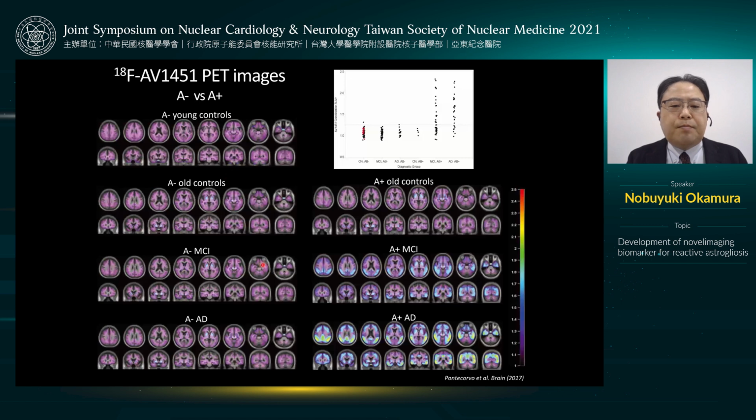Amyloid negative cases exhibit no remarkable tracer retention in the neocortex. This finding strongly suggests that the amyloid deposition in the neocortex could be a trigger for the spread of tau protein from the medial temporal cortex to the neocortical areas.